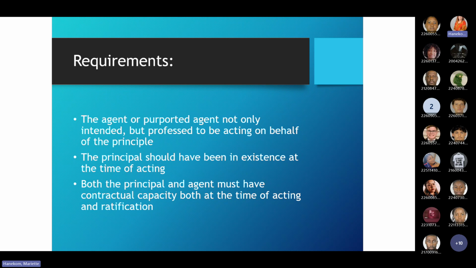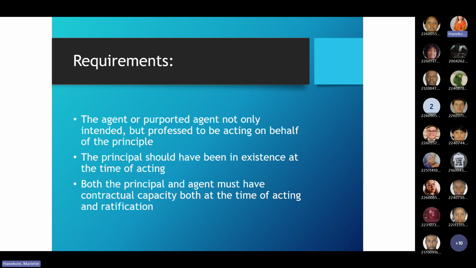Ratification can only take place in instances where the representative, the purported agent, not only intended but professed to be acting on behalf of the principal. So this is not an undisclosed principal situation.